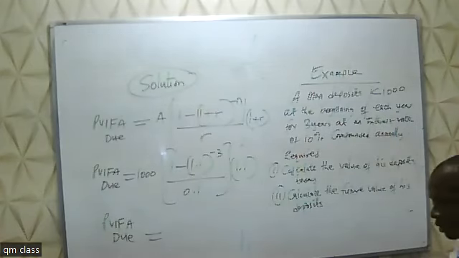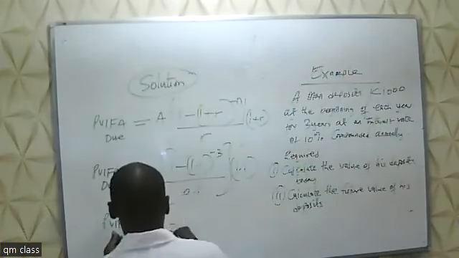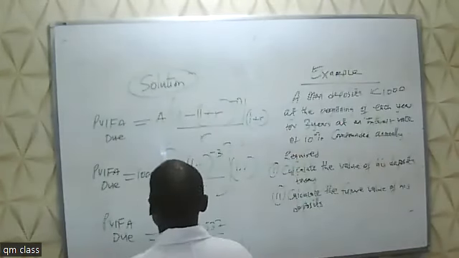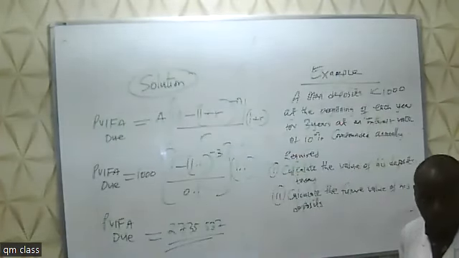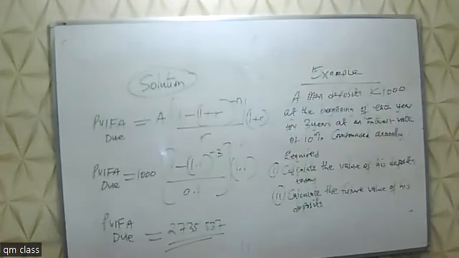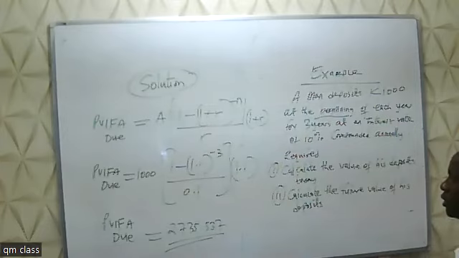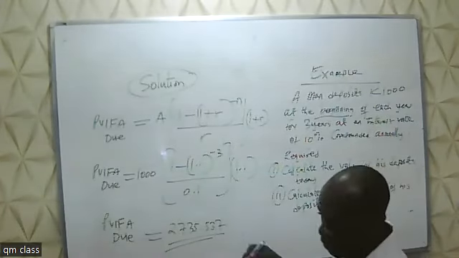We're getting 2735.537. What is most important is to understand the composition of how these figures come about. This is the present value interest factor annuity due, due because of the beginning concept. That answers the first part of the question.